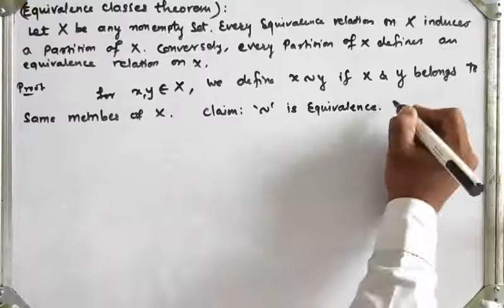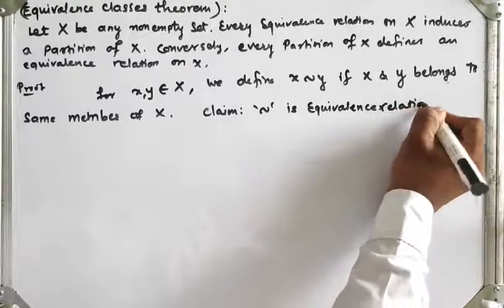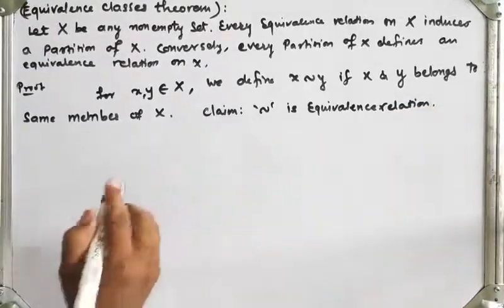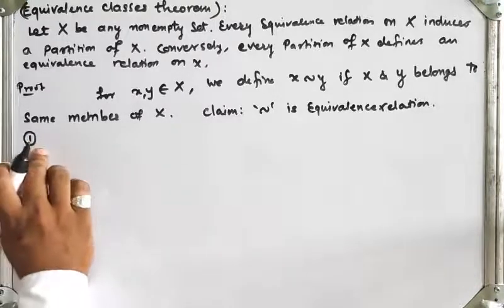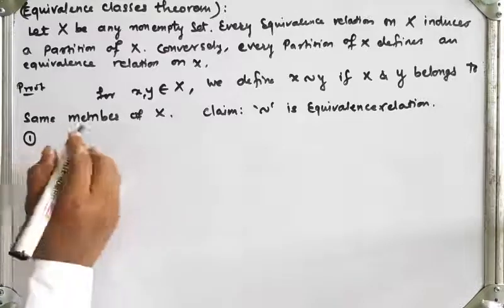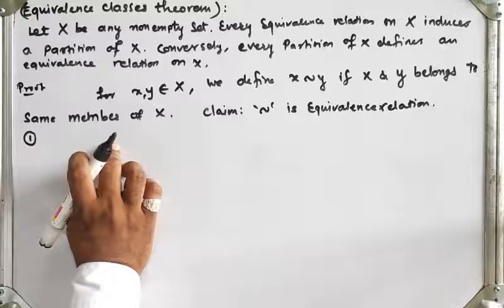So tilde is an equivalence relation. First condition is reflexive relation. For reflexive relation, we want only a single element.